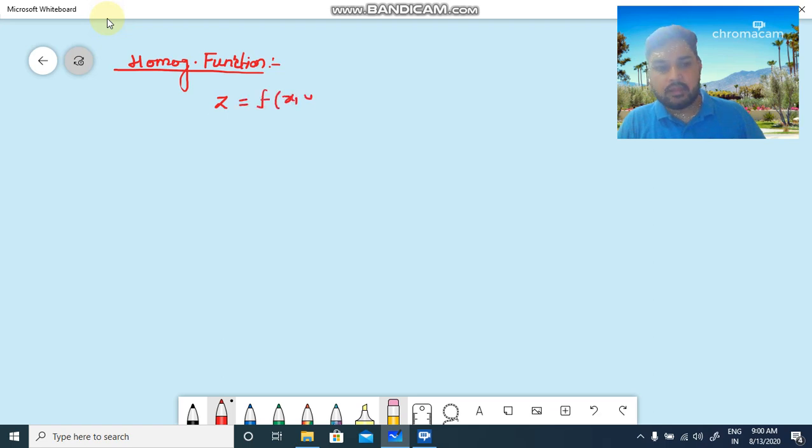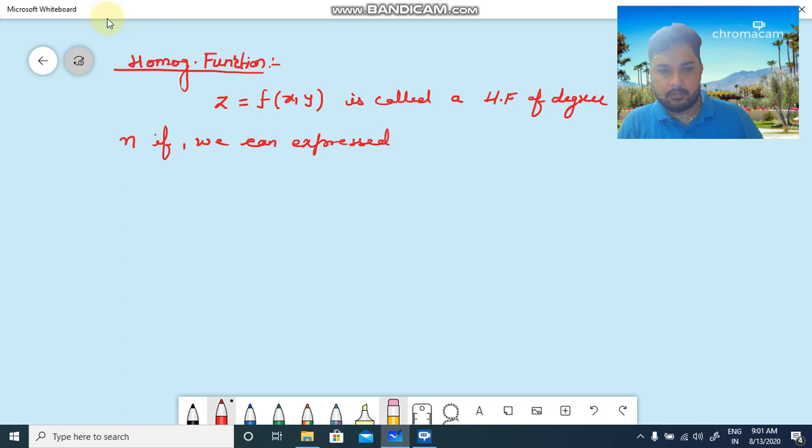Suppose z is a function of two variables, and it is called a homogeneous function of degree n if we can express the given function f(x, y) in any one of the following forms.